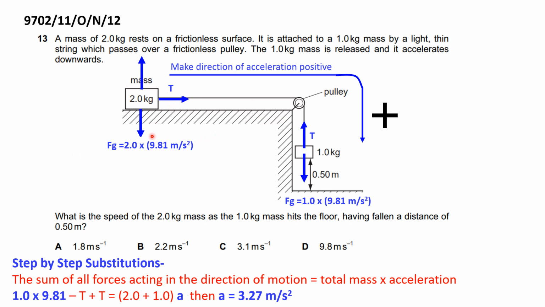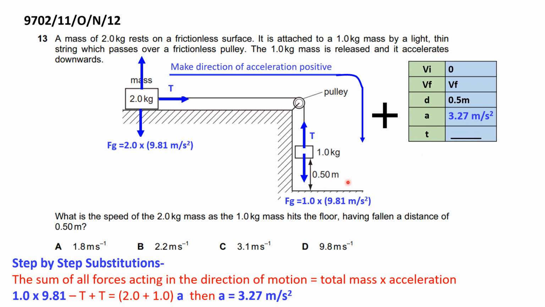And we can use information from what we have to fill this table, the motion table. So the initial velocity before the box of 1 kilogram is released is 0. The final velocity we don't know.